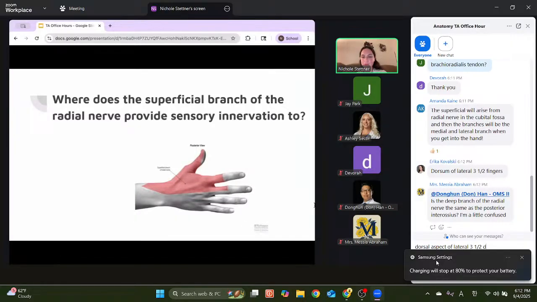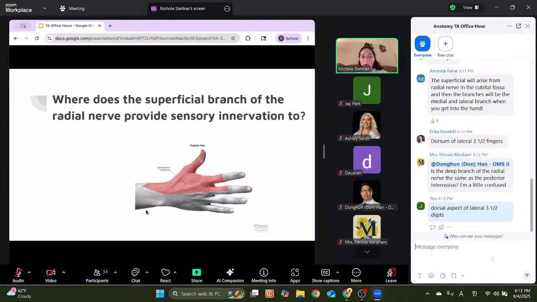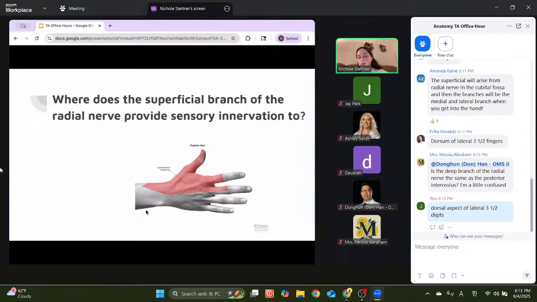So this is the portion that the superficial branch of the radial nerve provides sensory innervation to. You definitely can't see my mouse, which is fine. But if you see where the red portion first starts on the wrist, that is where the innervation starts. It's also important to note that it does not innervate the tips of the fingers.